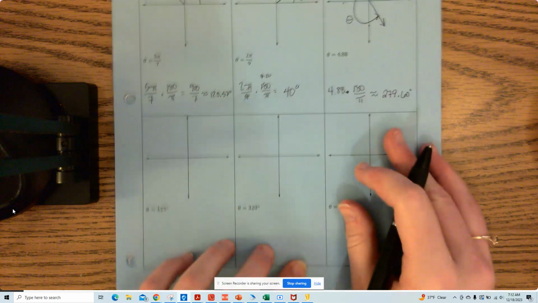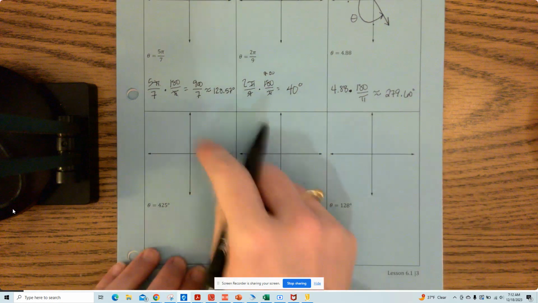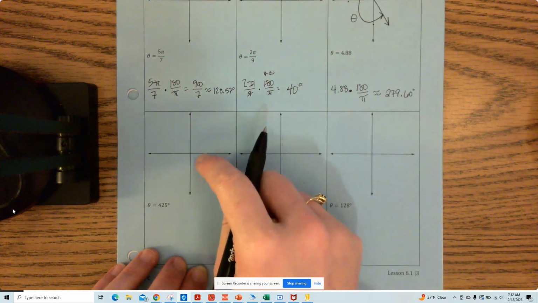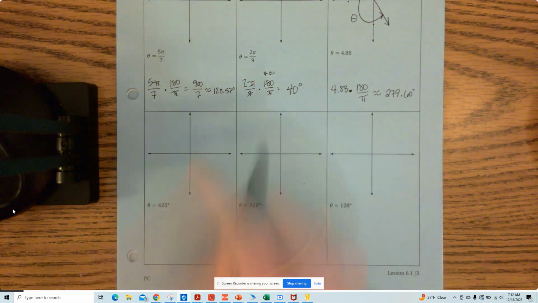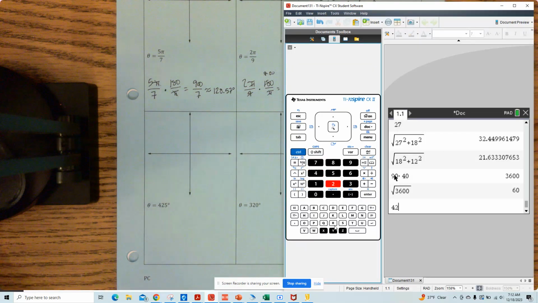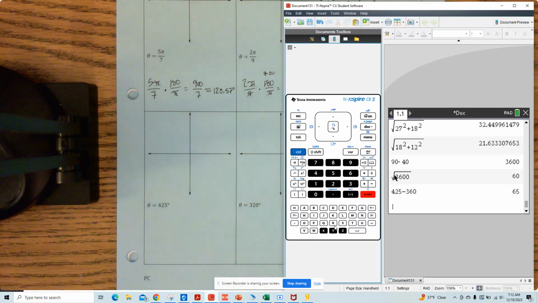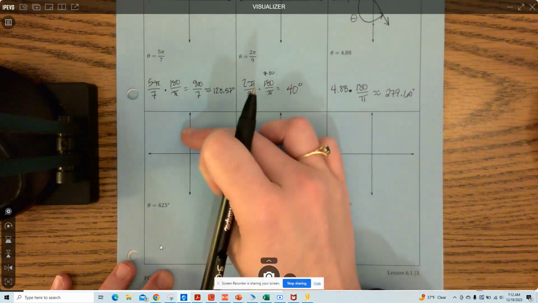Let's go the opposite way, but these we should be able to graph. So 425, I would go all the way around. That would give me 360. And then 360, so let's look here. 360 minus 425. That tells me how far I need to go. Another 65 degrees. So going all the way back to the y-axis.